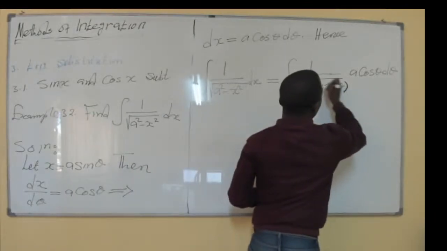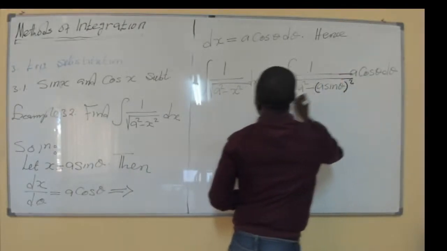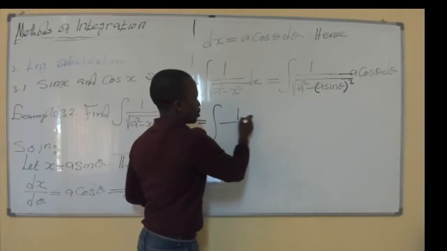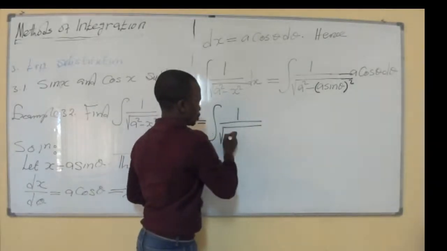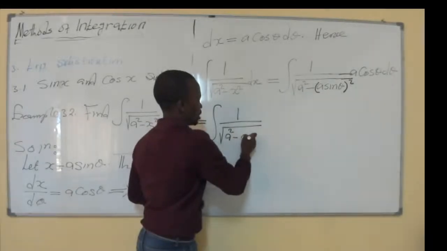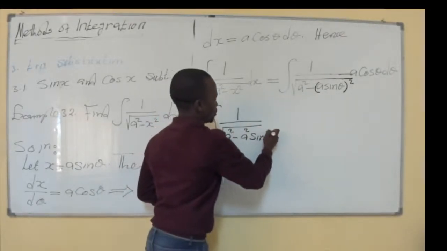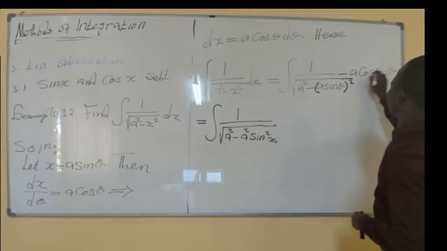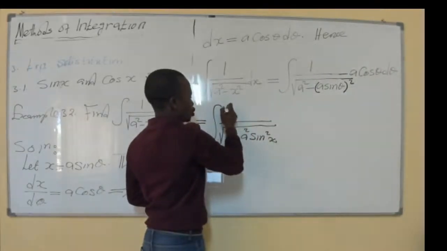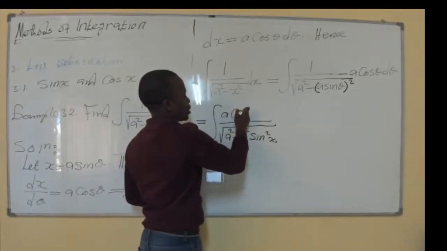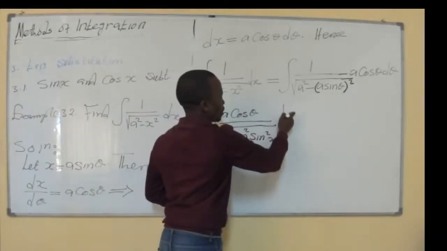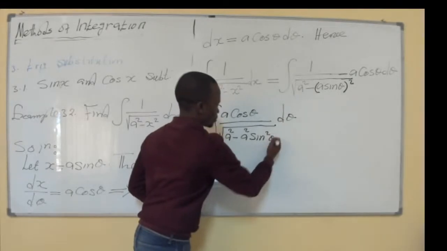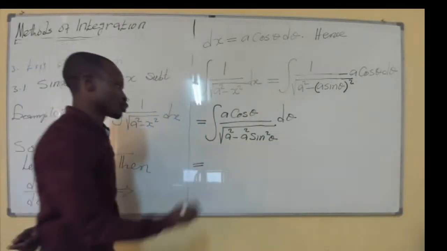Now, this one was squared. So this will give us the integral of 1 over the square root of a squared minus a squared sine squared theta, and on top we are going to have a times the cosine of theta d theta. Here a is common, so we can factor it out.